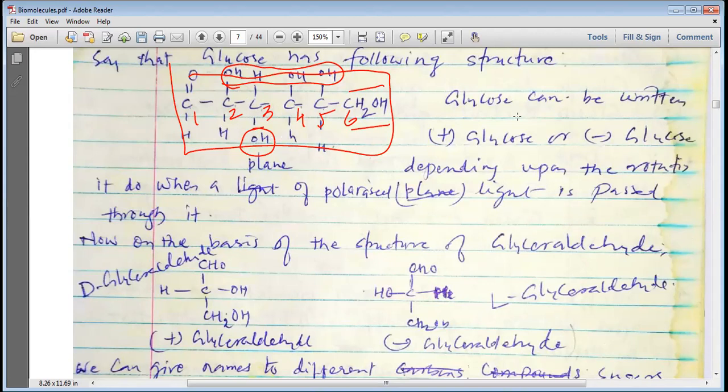There is a particular way by which we can decide the capital D and capital L for glucose. We have studied in the chapter haloalkanes and haloarenes that if a substance rotates the plane polarized light to the right hand side, we call it plus glucose, or dextro-rotatory, and if it rotates anticlockwise, we call it levo-rotatory or minus.